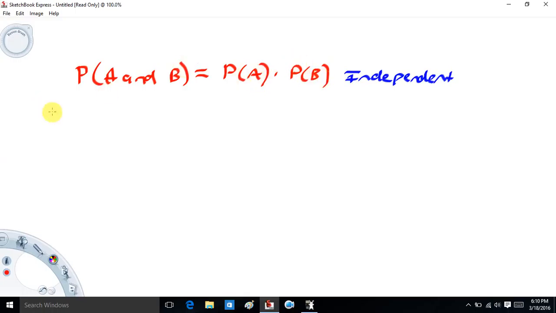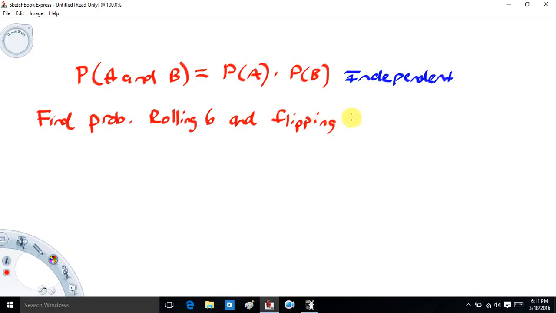So an example would be, find the probability of rolling a 6 on a regular 6-sided dice and flipping a tails.